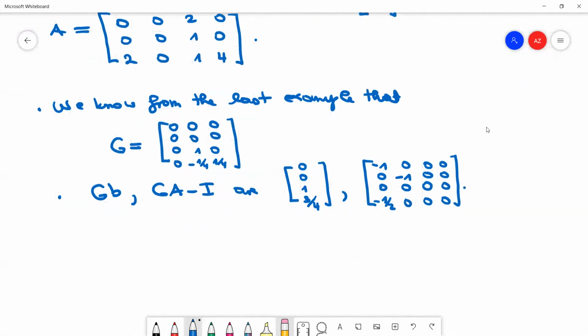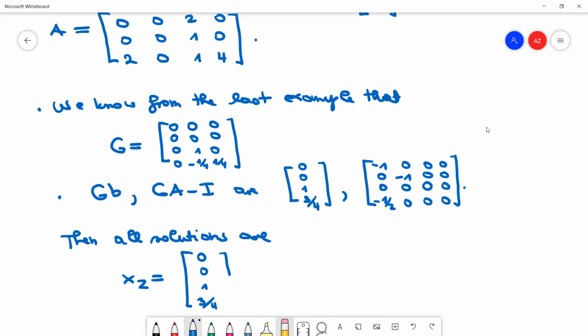And what the theorem says is that then all solutions are x(z) equal to GB, so (0, 0, 1, 3/4), plus this GA minus identity on any vector z from R to the power of 4, so z1, z2, z3, z4.